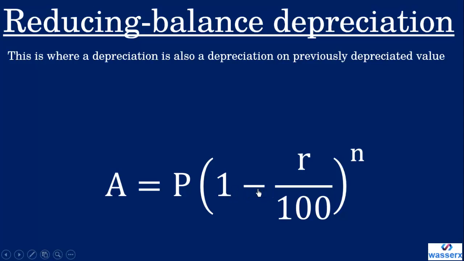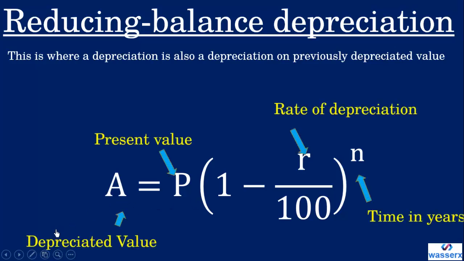There's a difference in sign over here. So where we have A to be the depreciated value, P is the present value of the asset, R is the rate of depreciation, then N is time calculated in years.